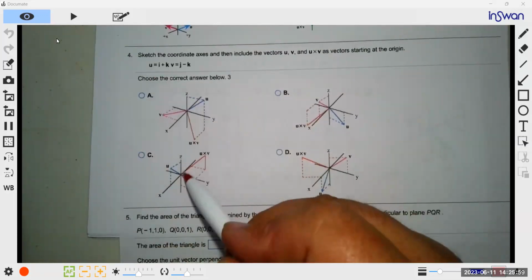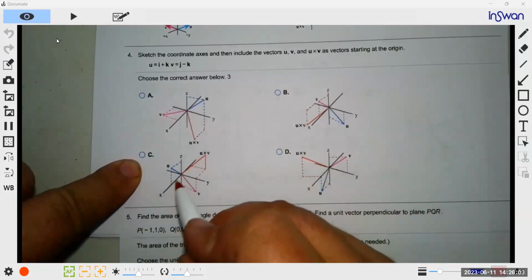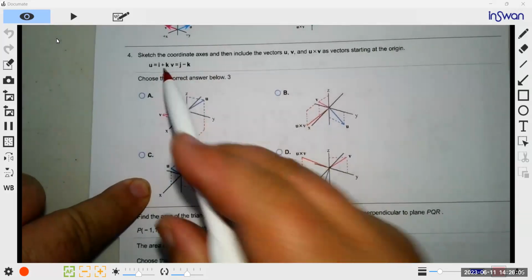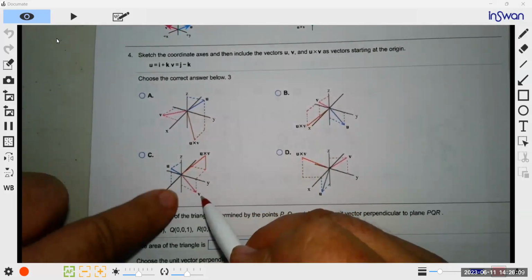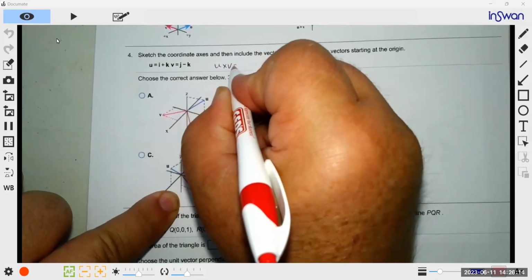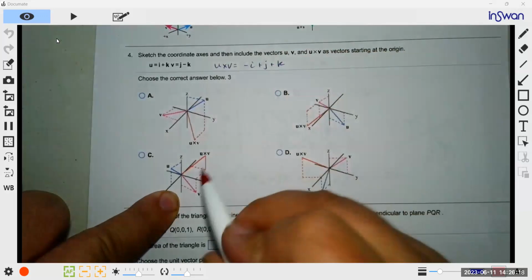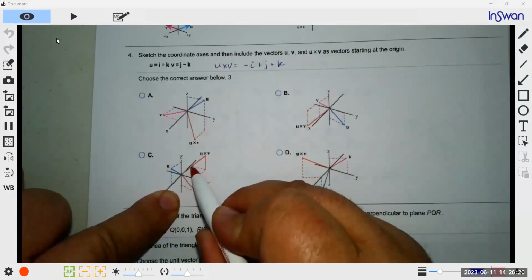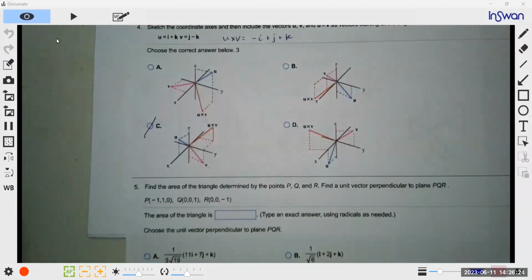This is X plus, so positive X, but so far that's right. So it's gonna have to be this one. V is positive, then negative, that's V. And then our cross product was negative I. So we go back, positive and positive. So it's C.